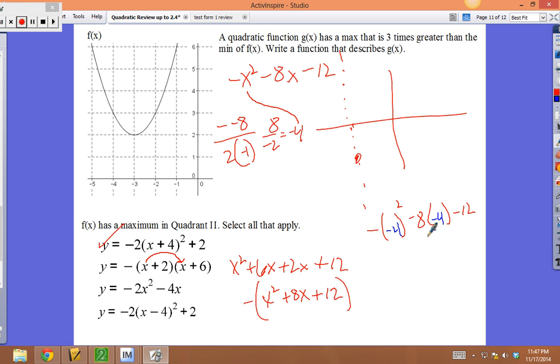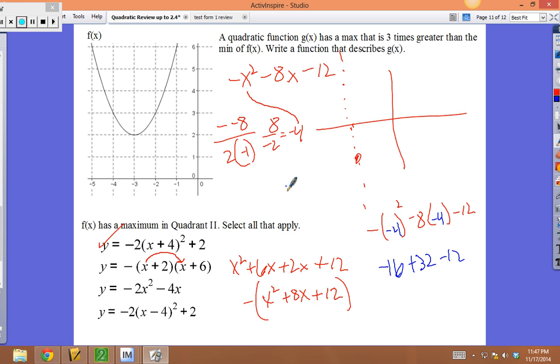So negative 4 squared, that's 16, 16 negatives. Negative 4 times negative 8 is a positive 32, minus 12. So let's see what that is. Negative 16 plus 32 minus 12 is 4.